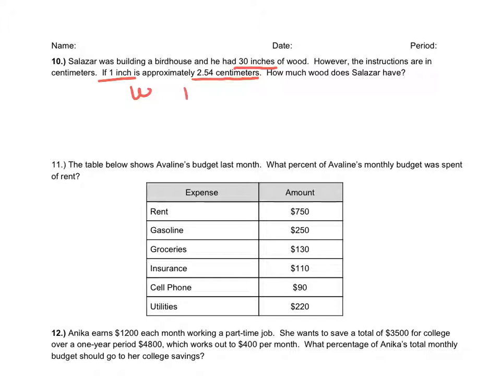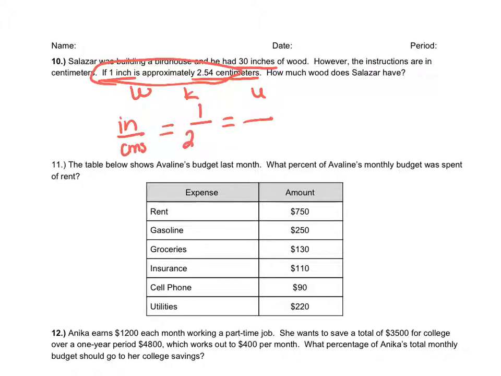Okay, this is a straight WKU. There are 3 numbers we need to put into place, but we must define our known. So our words are inches over centimeters. Our known is this piece right here, not the 30. That's the part we don't know because we don't know what goes with it.